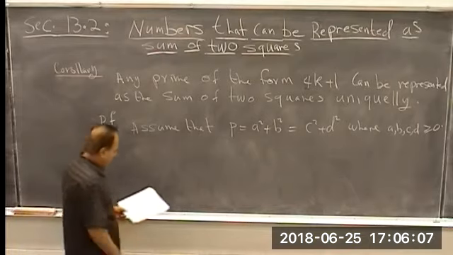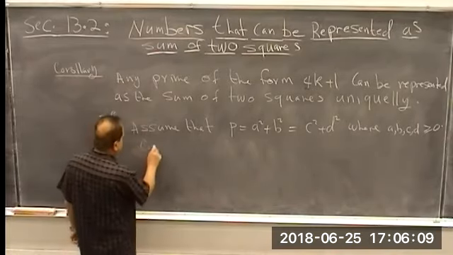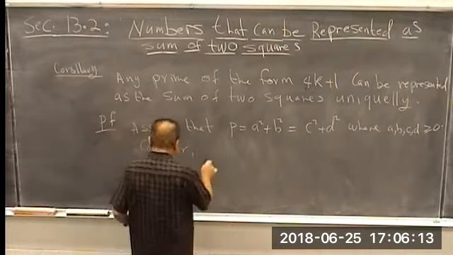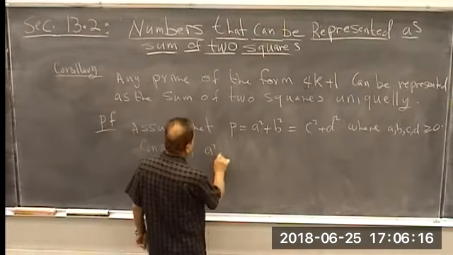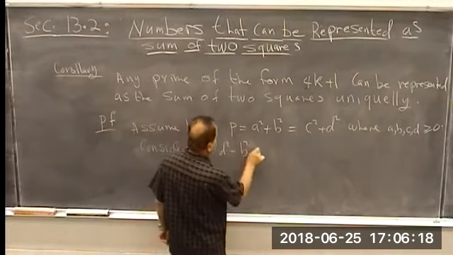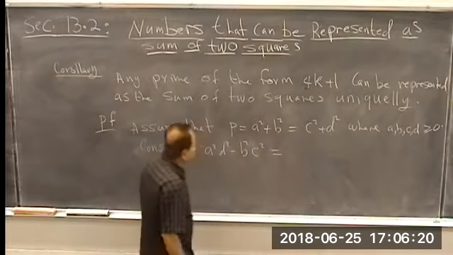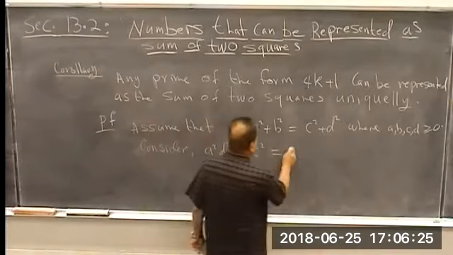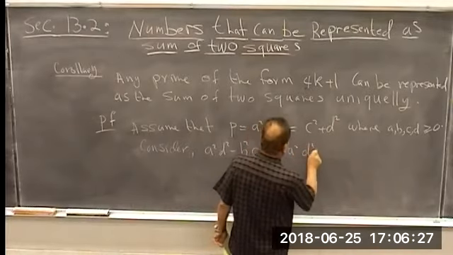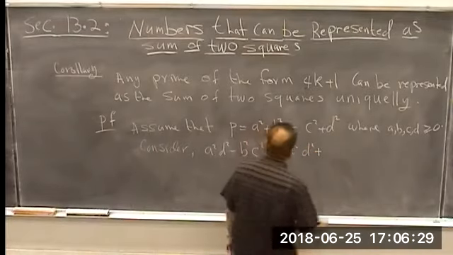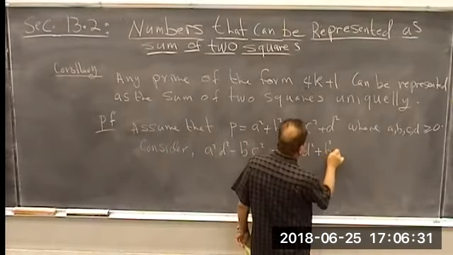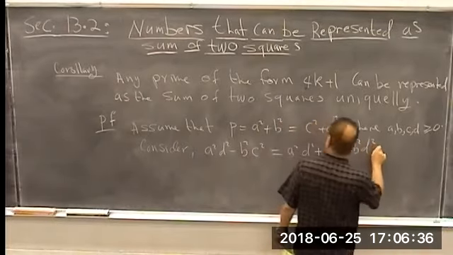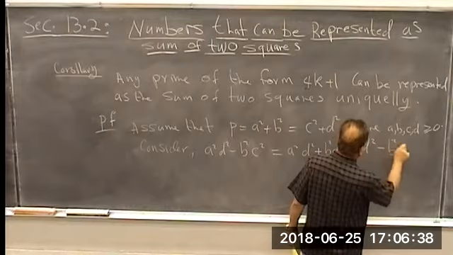All right. So we're going to consider this quantity, which is A squared D squared minus B squared C squared. I'm going to be adding and subtracting the same quantity to this. So this is A squared D squared, I'm going to be adding B squared D squared and subtracting B squared D squared, and then we have minus B squared C squared.